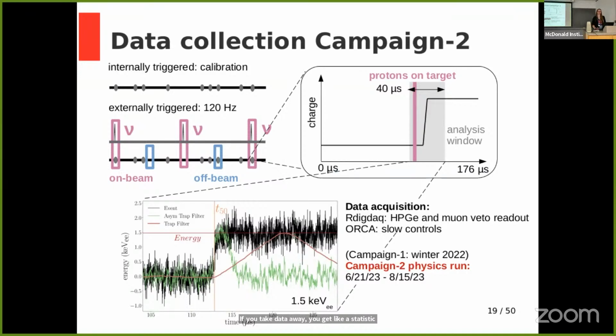Our physics data, however, is externally triggered by the beam. This means that we have protons on target and know when they arrive, so then we read out our detector, and that's in microseconds. And this data is blinded.